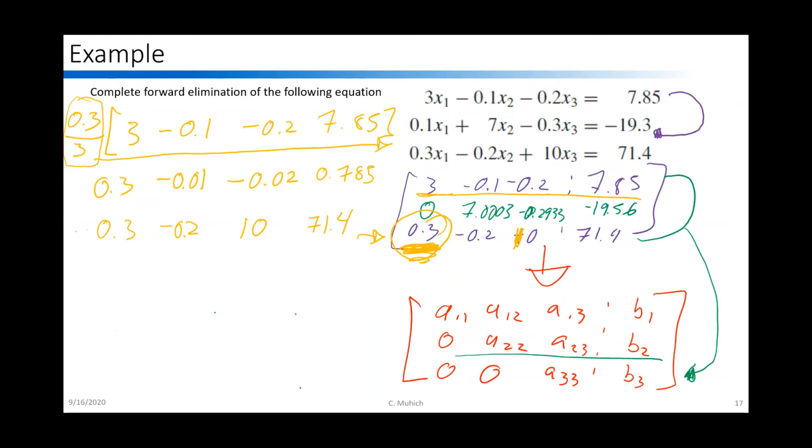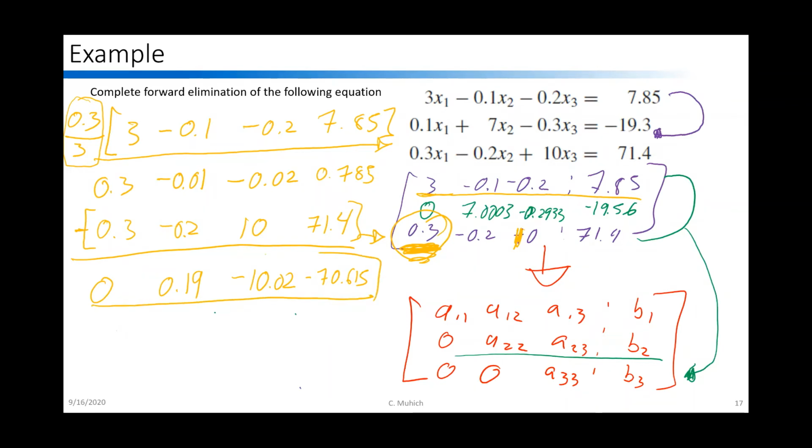So now I can take one, subtract it off from the other. I end up with 0, 0.19. Remember, I need to multiply the entire thing through by negative 1. So 0, 0.19, negative 10.02 and negative 70.615, right? So just multiplied through by negative 1 and added the 2 together.